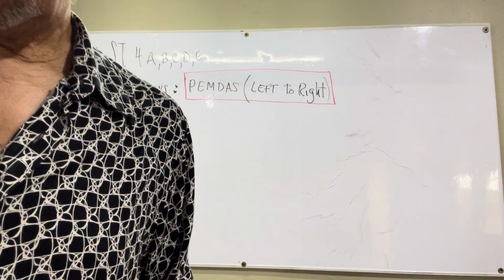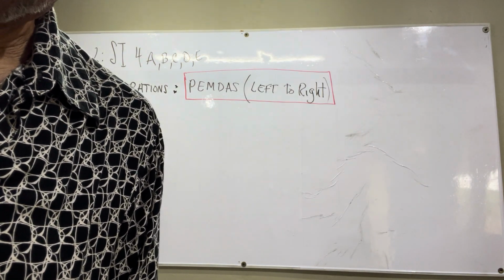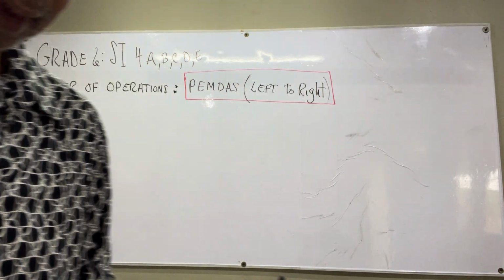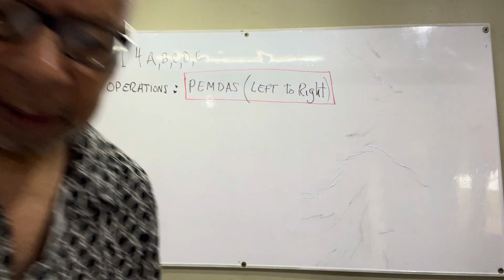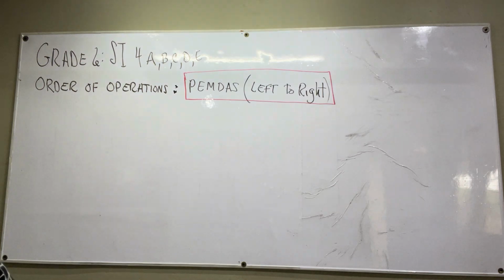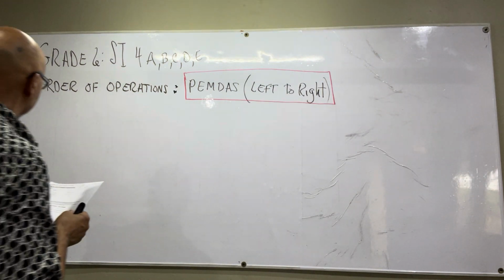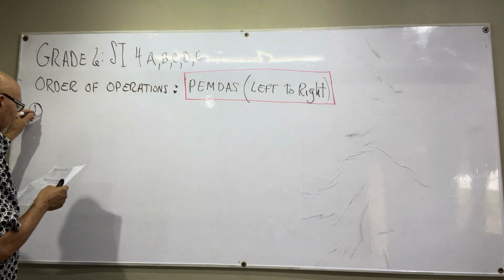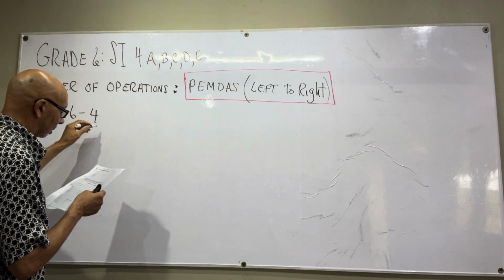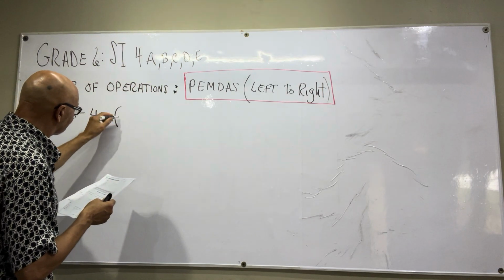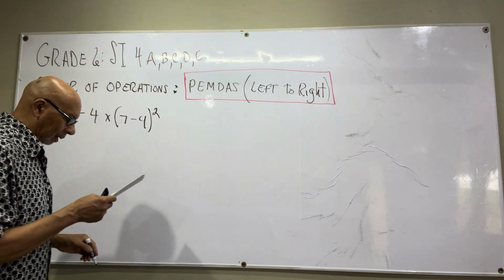So I've taken, as usual, some problems from Study Island. So I'm going to put the problems down, and then we'll go through them. I should have done it already, but I didn't. So here we got 66 minus 4 times 7 minus 4 squared.